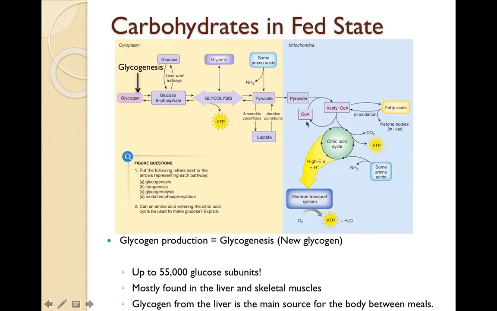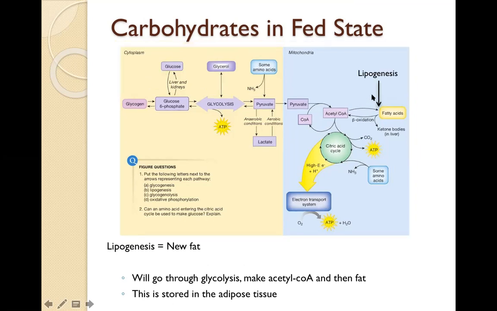But it's within the citric acid cycle that eventually, if you have way too much glucose going through, it ties up all of the enzymes in the citric acid cycle. And some of that partially broken down glucose is now kicked over into the fat synthesis side of things. So the next slide is about building up fat.